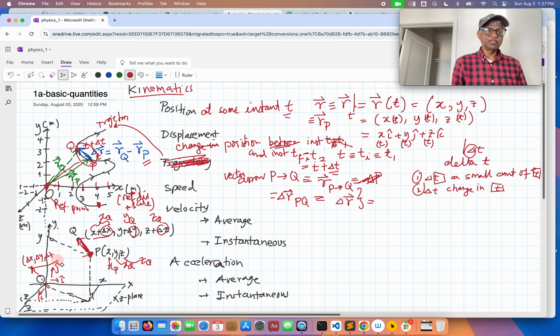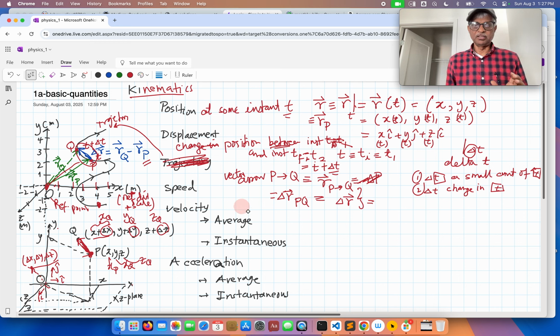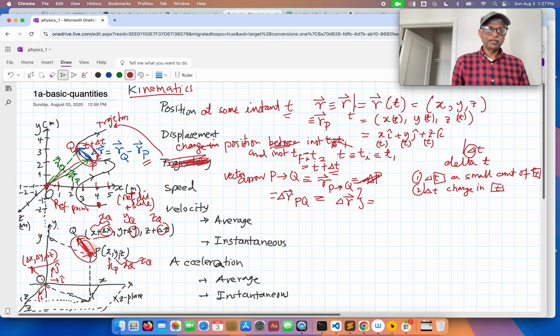It will be just this. So this is a vector which can, of course, be moved around. This is actually a true vector. As long as you maintain its direction and size, it is the same vector. So the vector can move around in space.